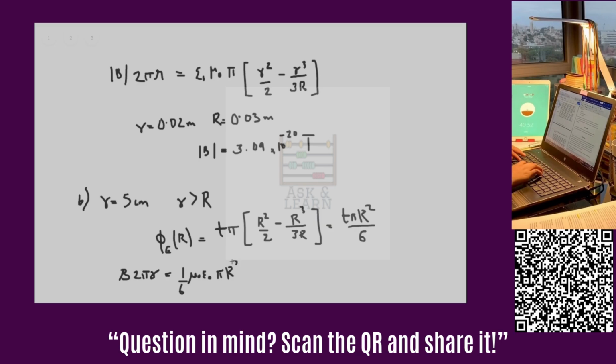The t goes away because we have to take a derivative of this with time. The magnetic field now evaluates to 1.67 times 10 to the power minus 20 tesla.